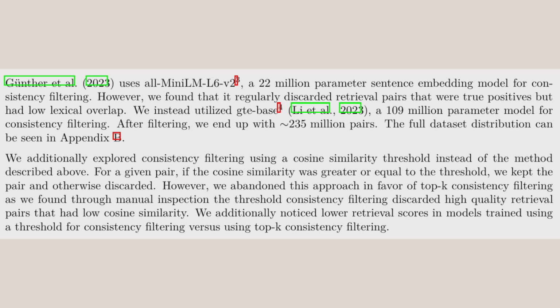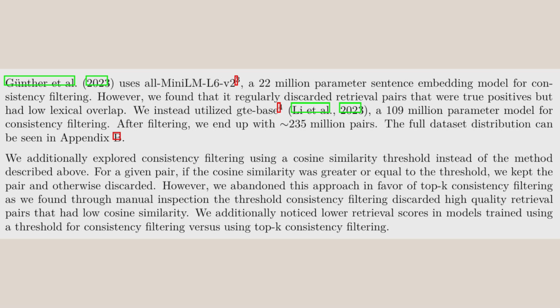So how I understood that was, let's say they say anything lower than a 0.6 cosine similarity, we're going to discard. So, globally high cosine similarity or universally high cosine similarity.